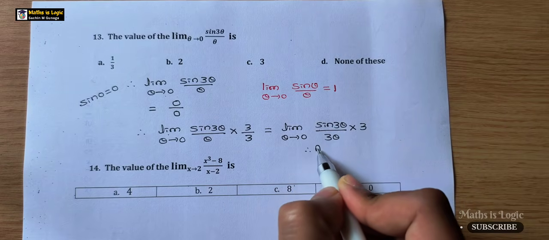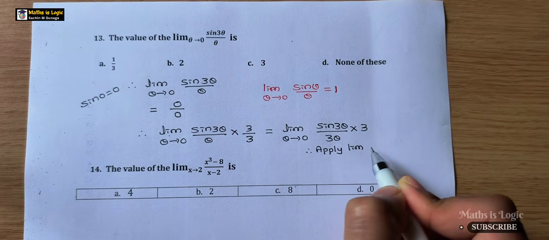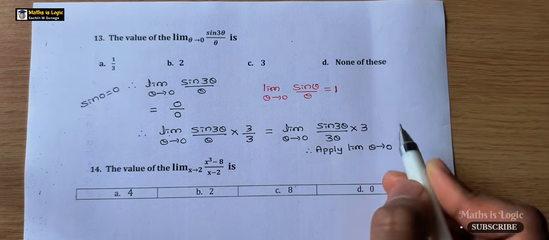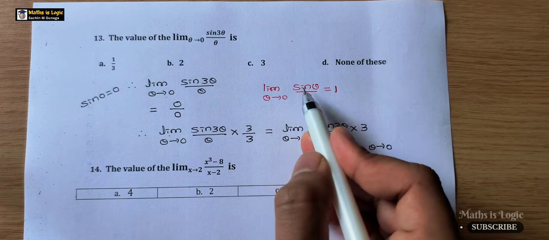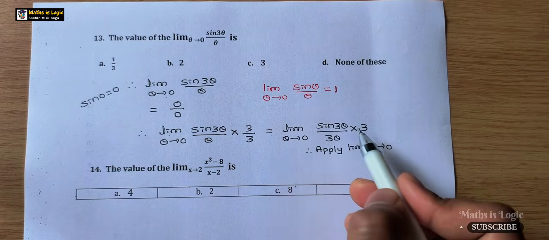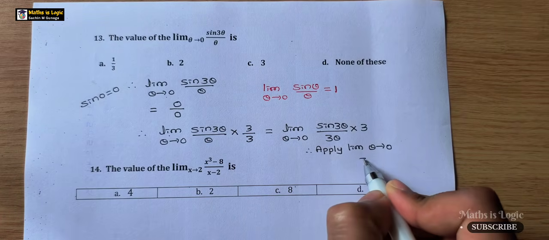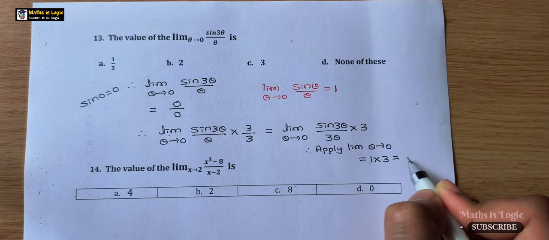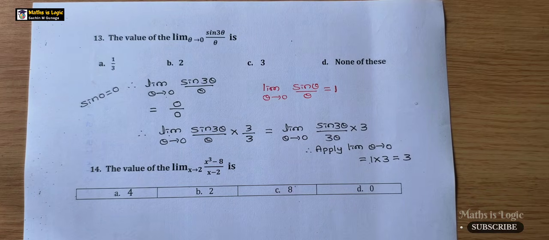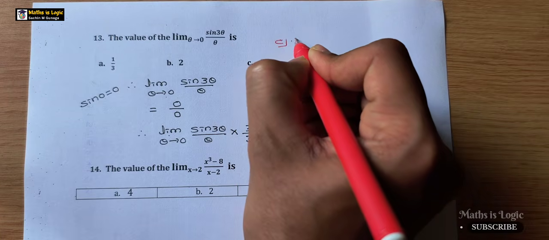Therefore apply the limit theta tends to 0; this looks like sin theta divided by theta, so this value directly goes to 1, into the remaining number 3. Therefore 1 into 3 is 3. Therefore the correct option is C, that is 3.